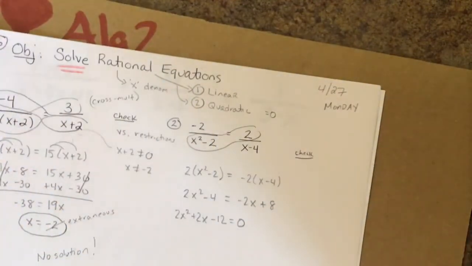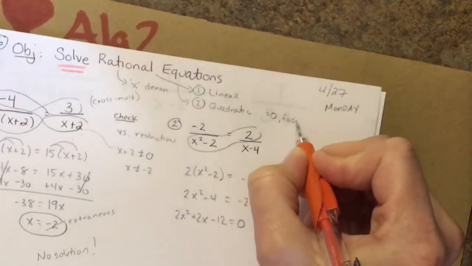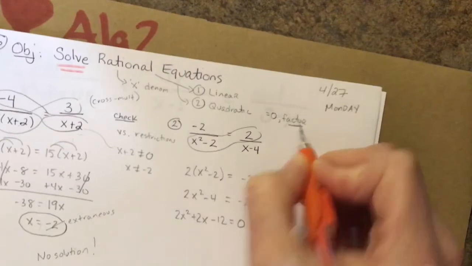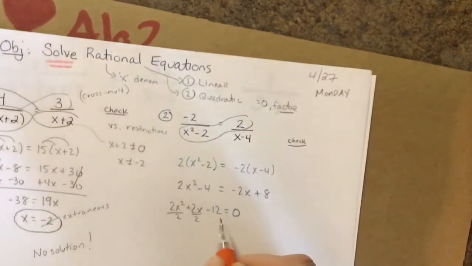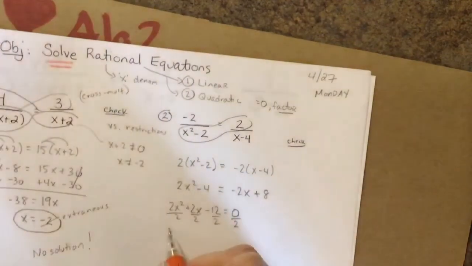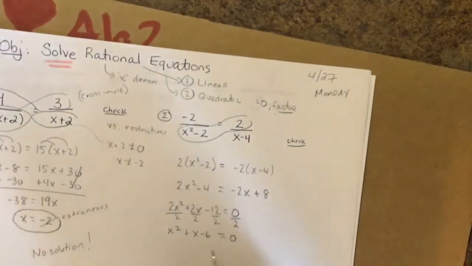How do you solve quadratics? Set it equal to 0. Then we're going to factor this. Now, to make the factoring a little easier, I'm going to divide every term by 2. That'll make it a little faster. So x squared plus x minus 6. And then you factor negative 6 into 3 and 2.